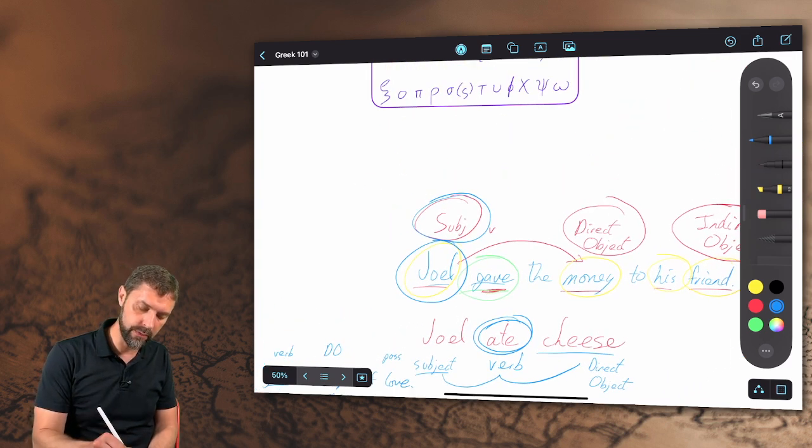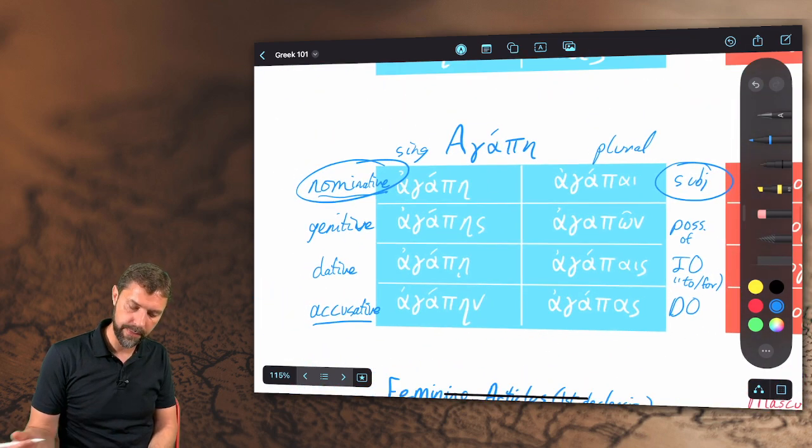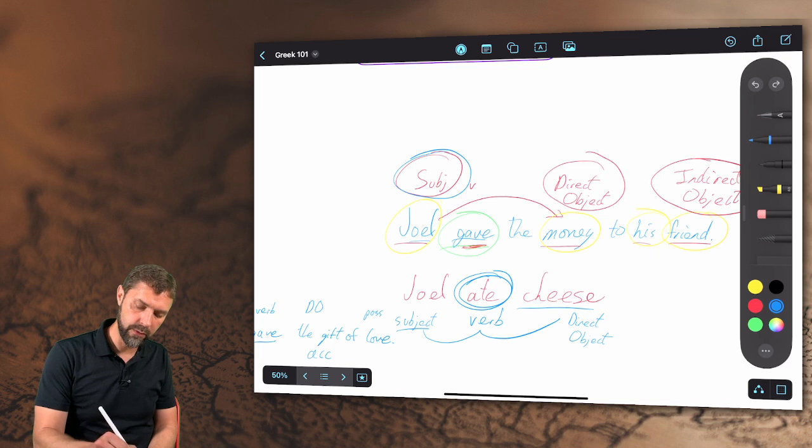And so we would put here agape because if you remember, the form down here was just simple agape. There's my first form. So the nominative is going to be written out as this agape. That's the first form. And so in this sentence, the subject form would be, as I said here, write it out, agape.